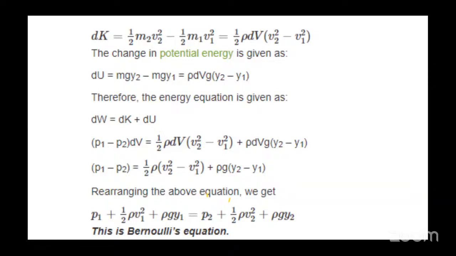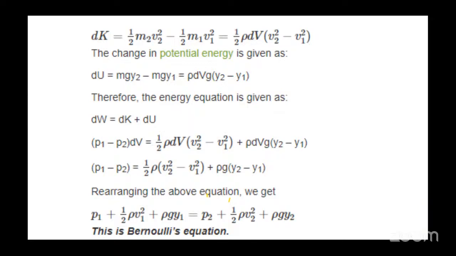From our relationship, density equals mass over volume, we know that mass is equal to density times volume. So we replace mass in that expression with rho dV. When we do that, we have half rho dV in brackets, V2 squared minus V1 squared. That is the change in the kinetic energy.